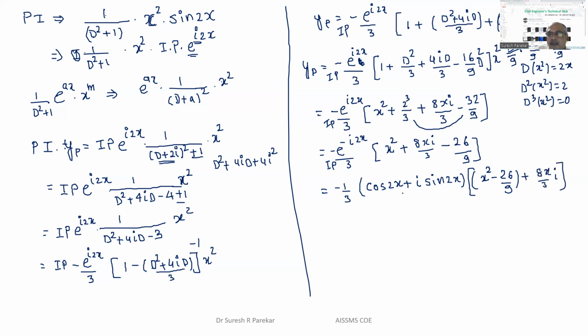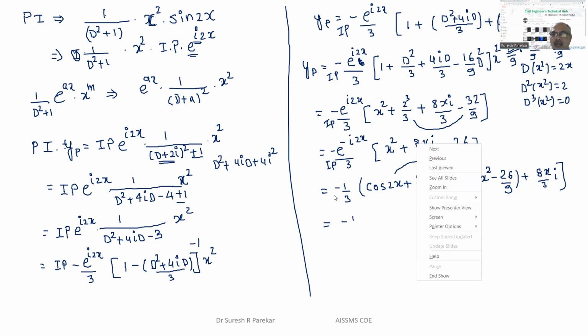And then we will multiply it. If we multiply by cos 2x, then we have minus 1 by 3. So this actually we can directly write cos 2x, and this value we will get as real part. We are not interested in the real part. We are interested in the imaginary part. So directly we will consider the parts which are with i.